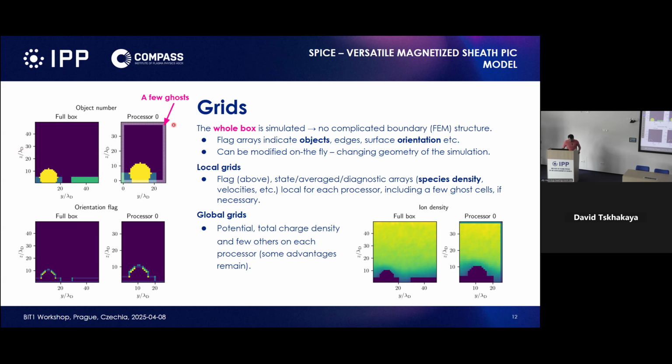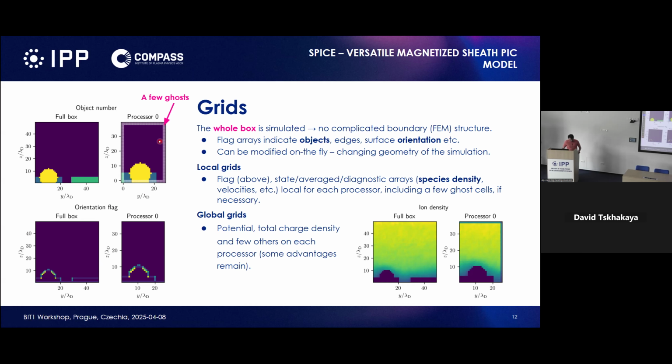Now, these grids are decomposed so that you have some ghost cells around, and from those quantities you calculate some work variables like orientations and where the edges are, what to do with the boundary conditions, for example. We have these local grids for each processor that can be modified on the fly.